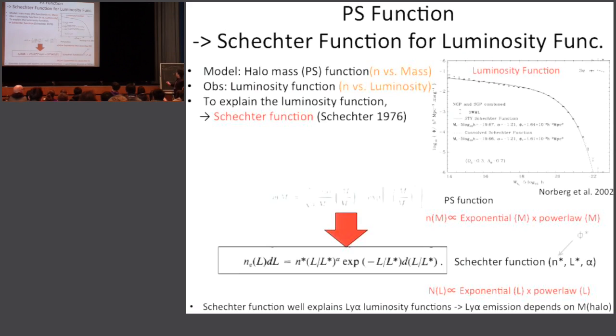So, Schechter 1976 parameterized this function using three parameters: the power law slope alpha, the normalization of the number density phi star or n star, and also the characteristic luminosity L star. So then people use this Schechter function to understand the luminosity function of the galaxies.